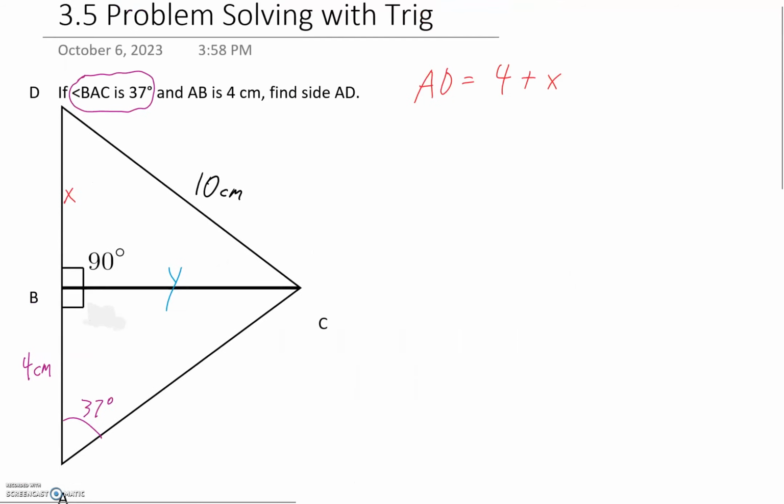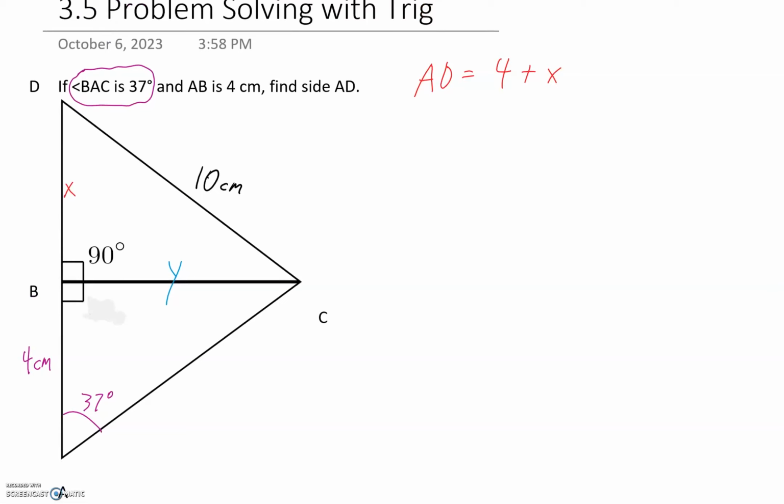Okay, so we're going to find side y first. So how are we going to do that? Well, we're going to look from the purple numbers, and side y is going to be our opposite side. This is going to be the adjacent, and we're going to have to solve for that.